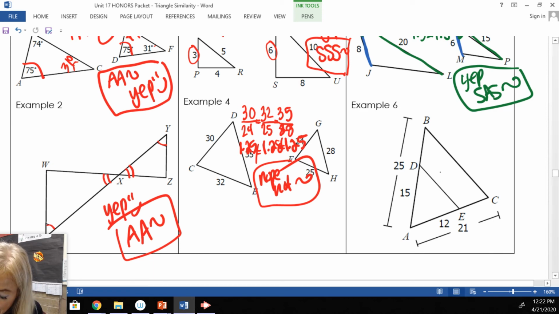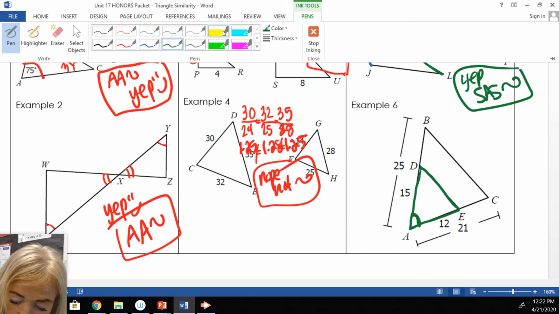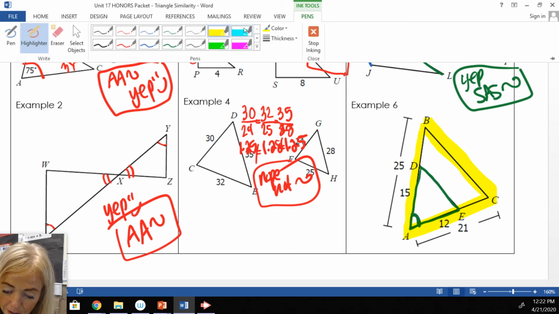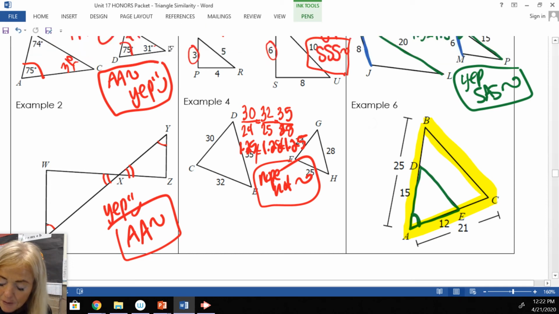Okay, example 6. Now, with this one, you have to be a little careful because this is one triangle and it's overlapping. Here's my angle. And if I use a different color, that might help you understand. This is the bigger triangle and it has the same angle. We need to make sure that we do side to side. Those are the corresponding sides.